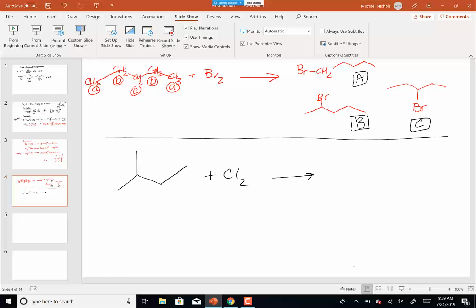So if you're unsure, replace the hydrogen with a chlorine, name it. Same name, same compound.